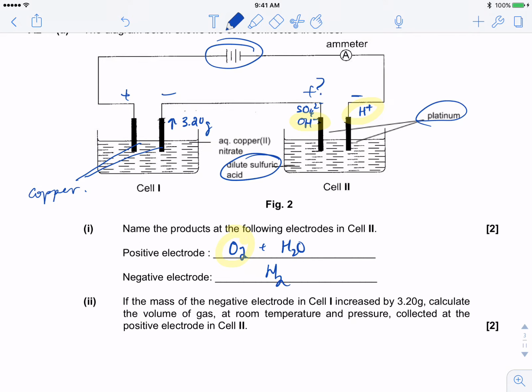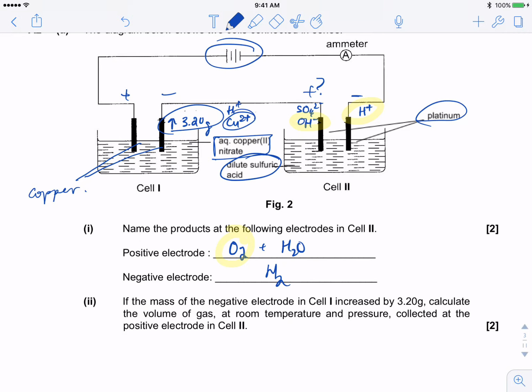Okay, so first we must figure out what's the identity, what is causing this increase in mass. At the negative electrode, for a copper nitrate solution, it can either be H plus or Cu2 plus.